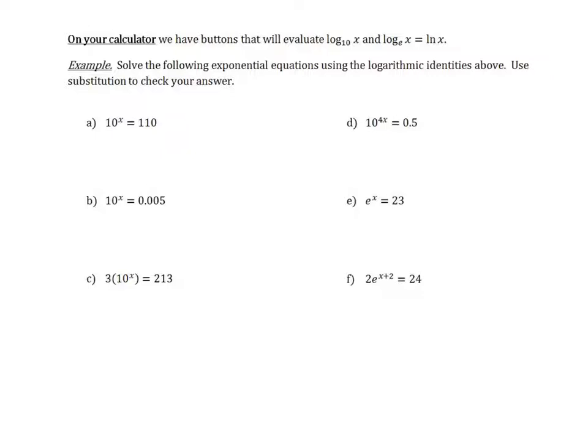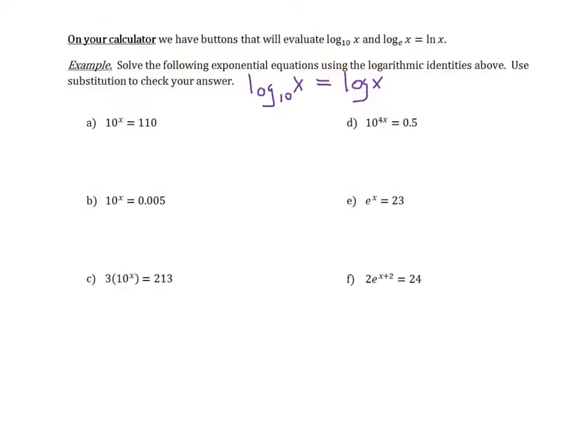On your calculator, log base 10 of x should just show up as log of x. So when there's no number written down here, we understand it to be log base 10. The natural logarithm, if we have log base e, well, that's going to be ln of x. All right, the natural log of it.